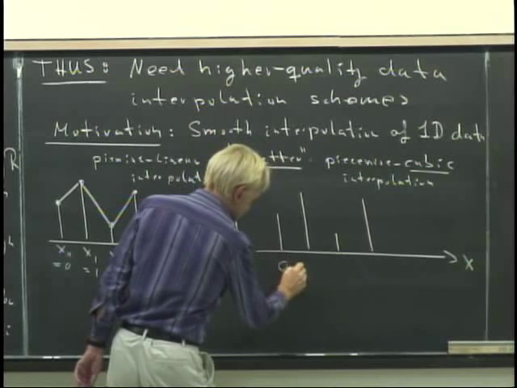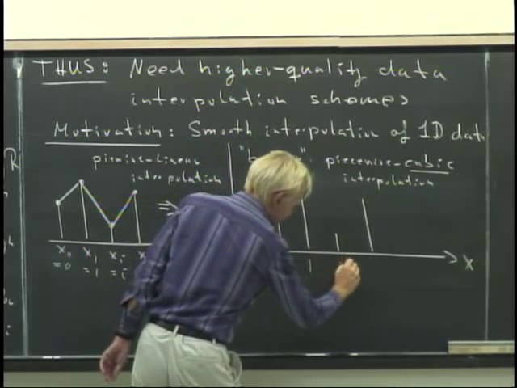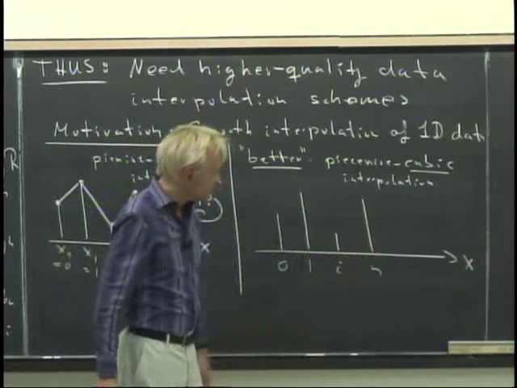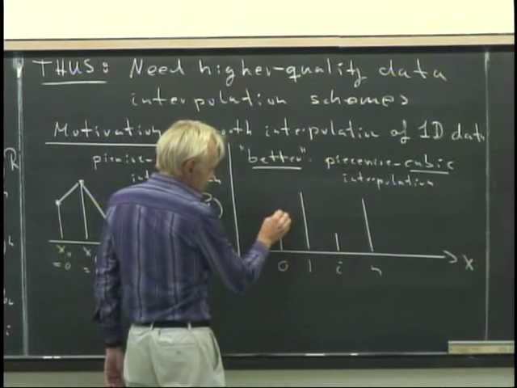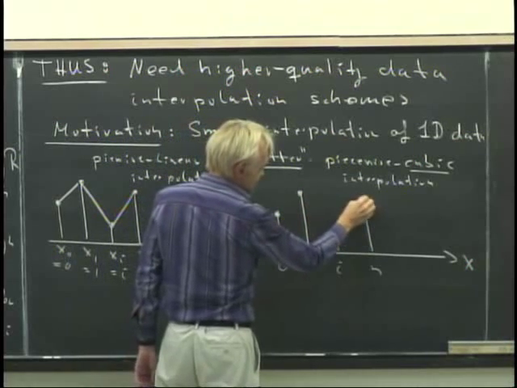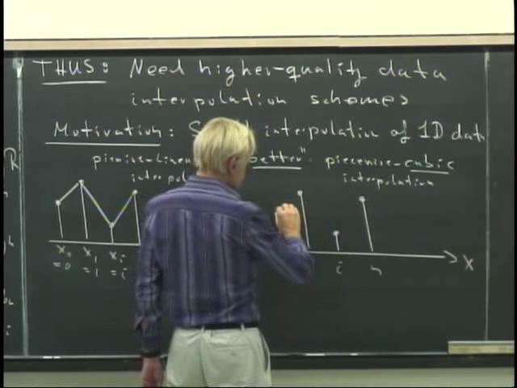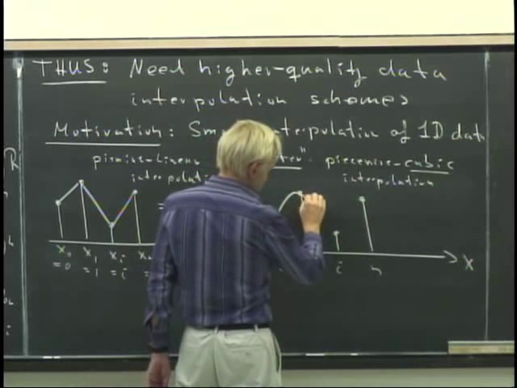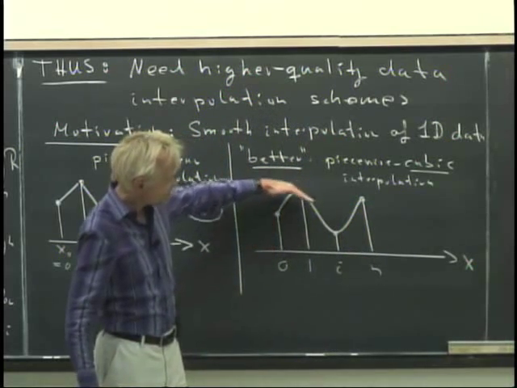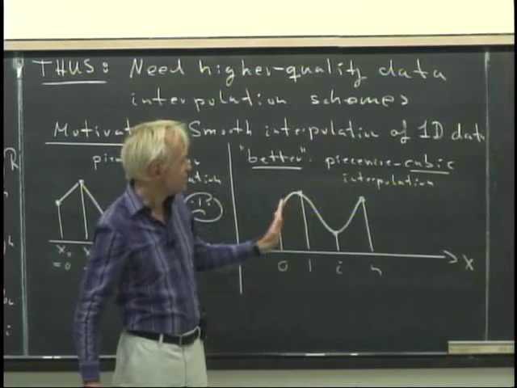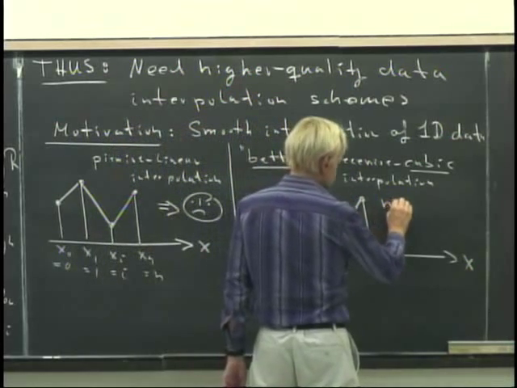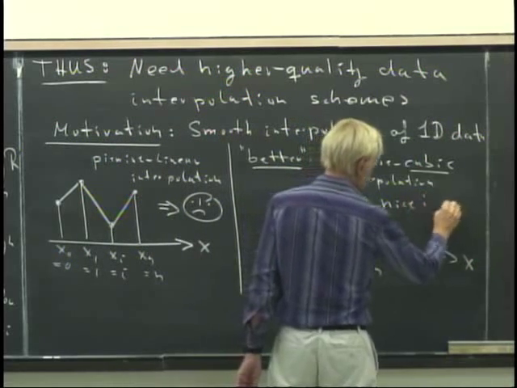So this is again location 0, location 1, location I, location n. Cartesian grid, integer coordinates. And here are my data values. And I want to get something that is much smoother, namely something like this. So there, the slope, the tangent is continuous all along the curve. That's what we want. Nice. And we smile again, right?